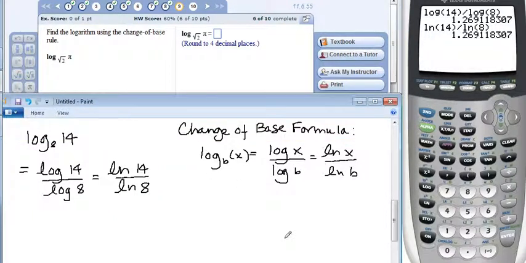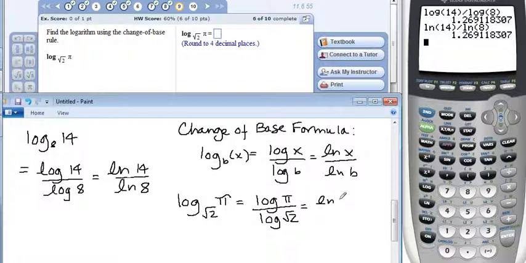So I've got the log base square root of 2 of pi. Oh, could that look more nasty? I don't have a log base square root of 2, so I'm going to say it's the same as the common log of pi over the common log of the square root of 2, which could also be the natural log of pi over the natural log of the square root of 2.